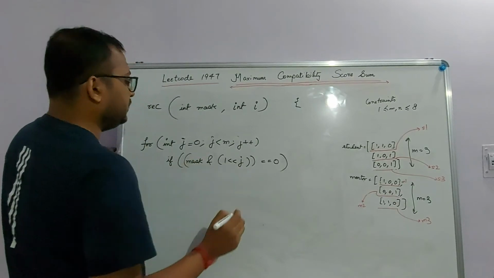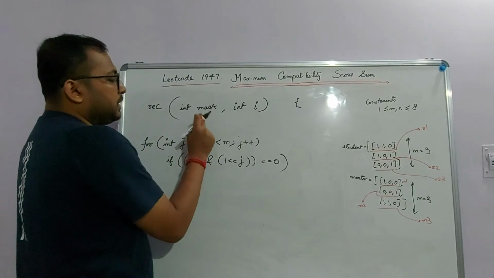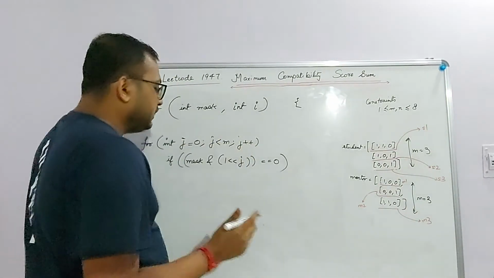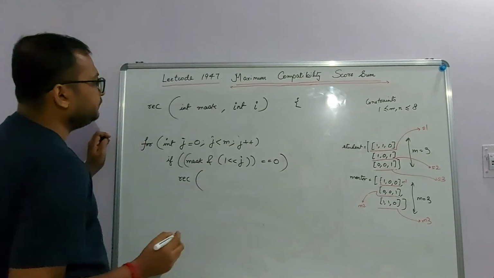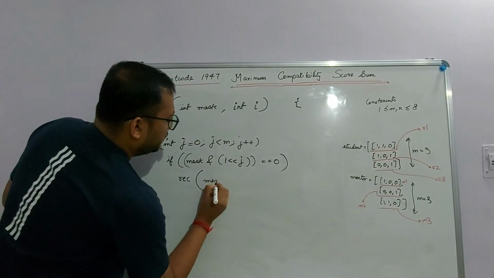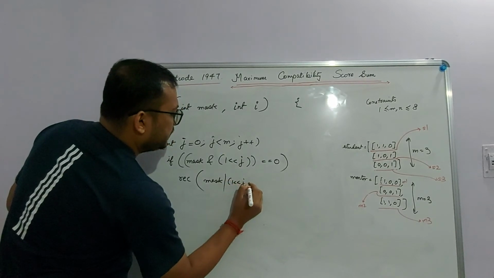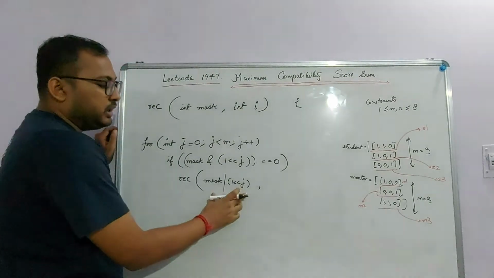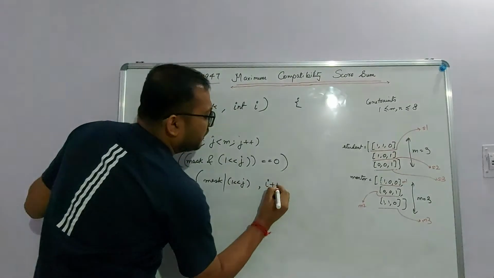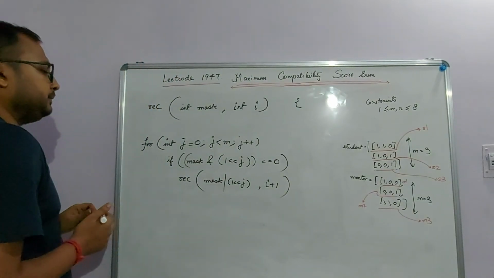So if this particular bit in the mask is not set, then I again recursively call for mask | (1 << j), because this value has already been taken, and I also increment the value of I because that's the number of set bits in my mask.